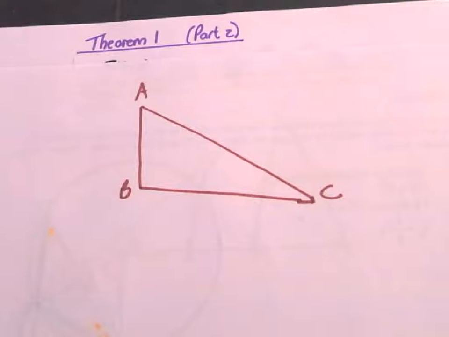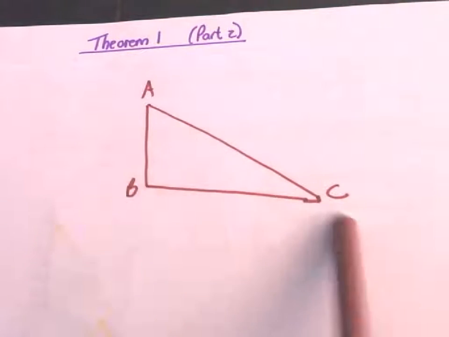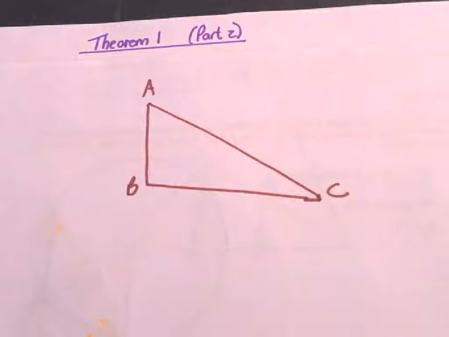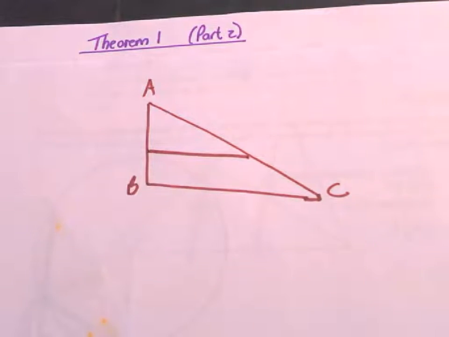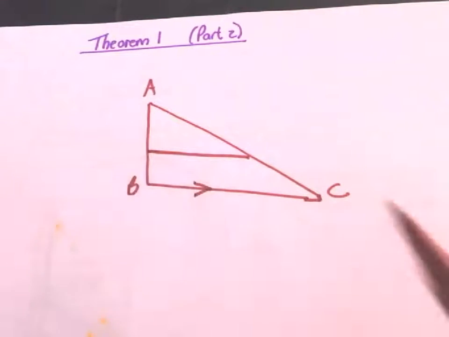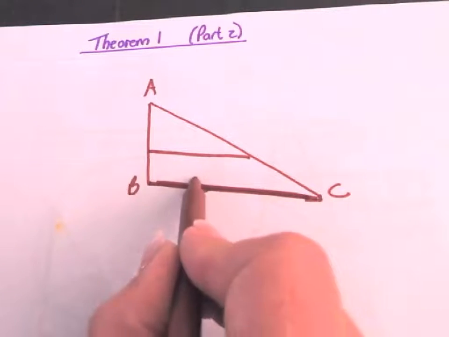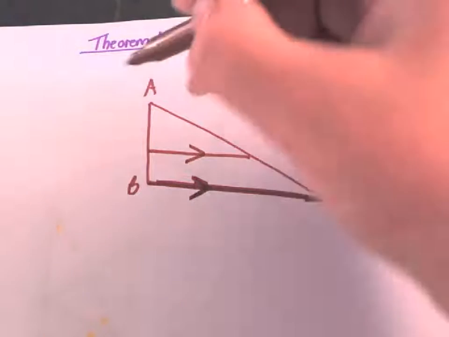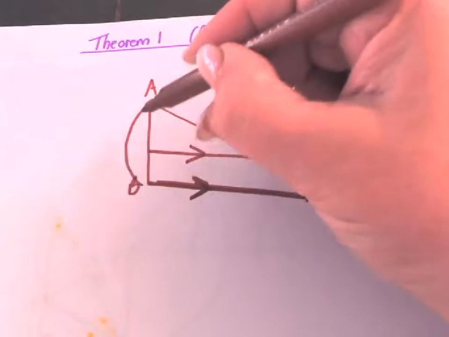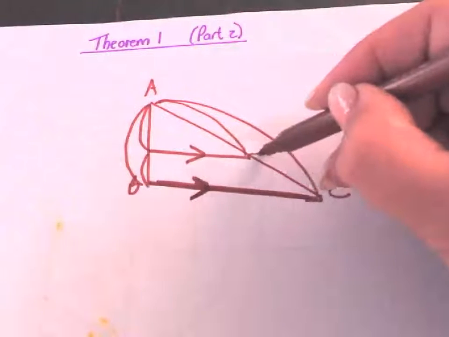Yesterday we did Theorem 1 of the grade 12 work, which says if you have a triangle and in that triangle you have another line parallel to one of the sides, then we can divide this side into proportions and the other side into proportions as well.